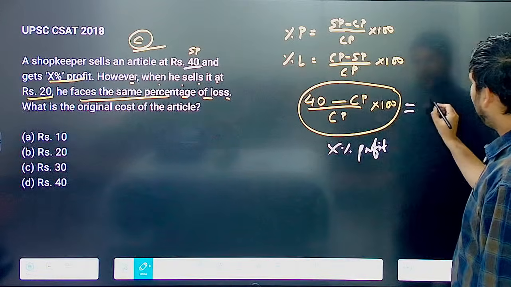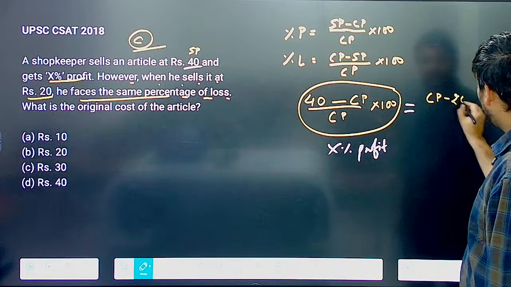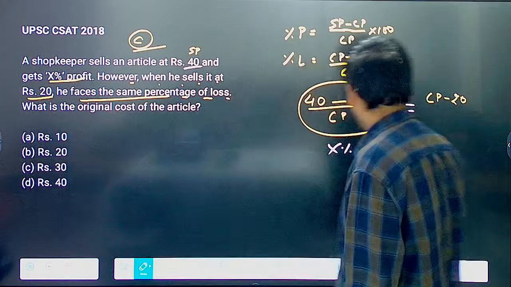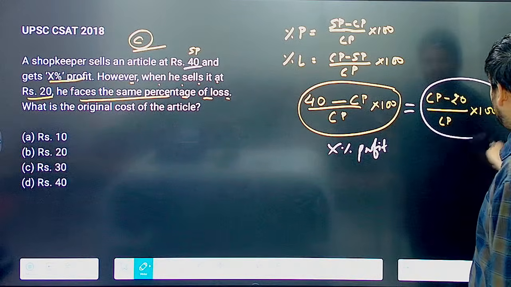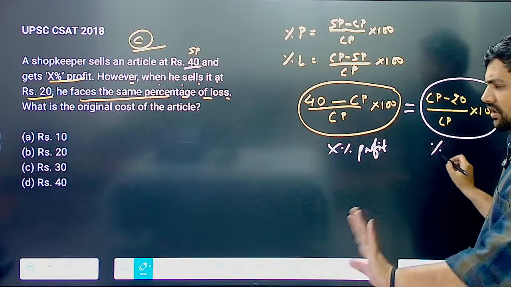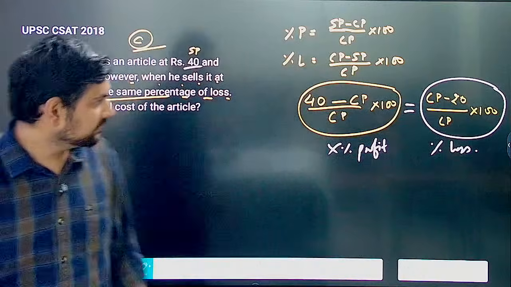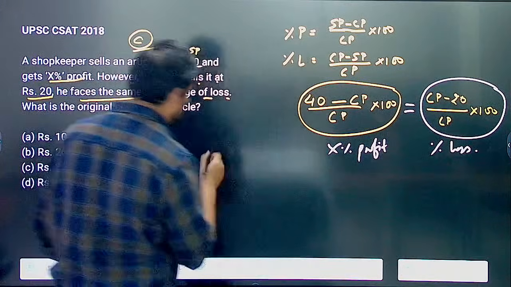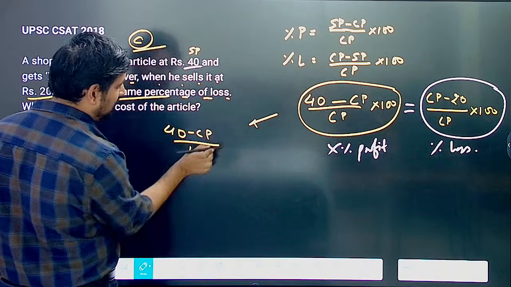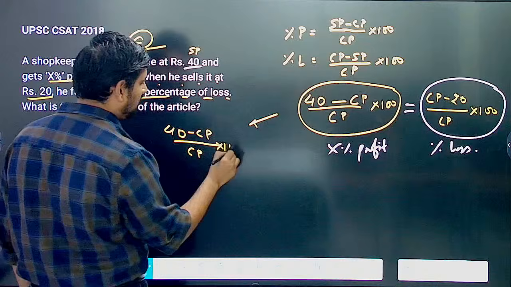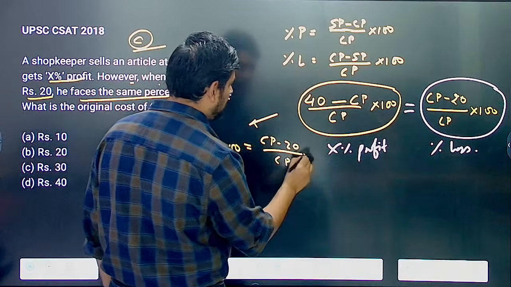So here what I can write, now in loss percent CP is written first, minus the selling price. In the loss case the selling price is 20, by cost price, into 100. This is for X% loss. Now if this is so, very simply you can write 40 minus CP by CP into 100 is equal to CP minus 20 by CP into 100.